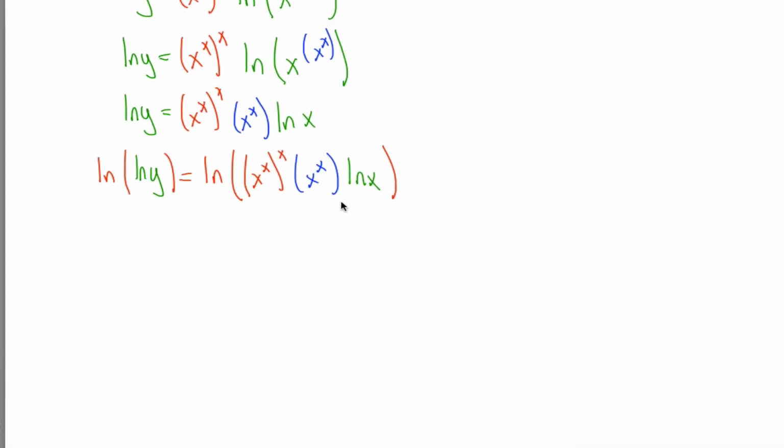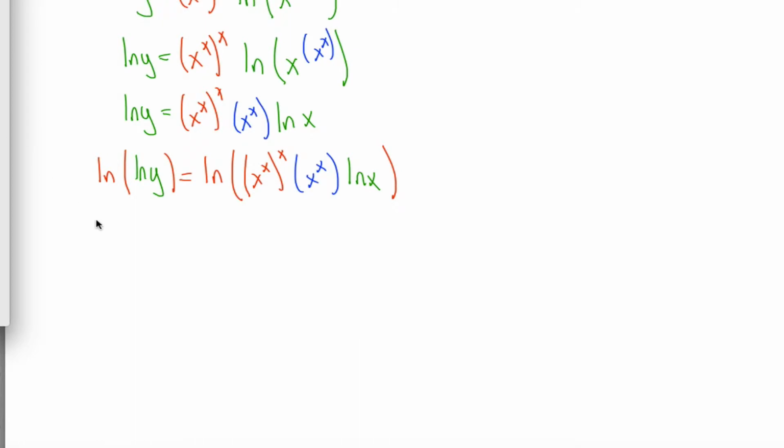So where can you go from here? Well, on the right-hand side here, I have the log of a product of three things. And there's a log rule that says if you're taking the log of something times something, you can rewrite it as the log of something plus the log of something else. You can break up the log of a product into the sum of logs.